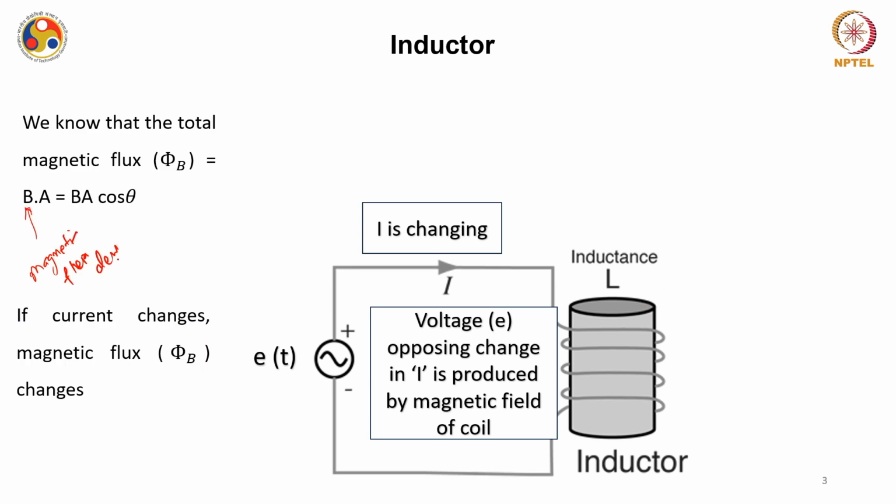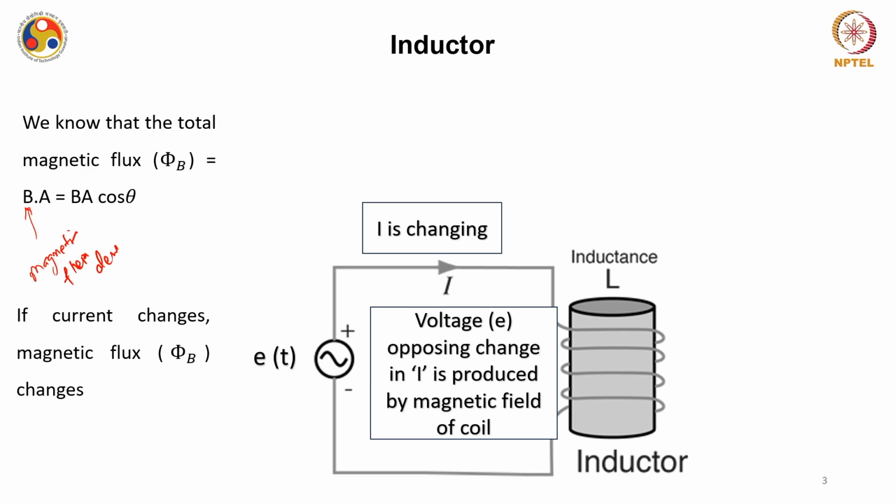So we know that the total magnetic flux can be calculated as a vector product of a magnetic flux density and the vector area, or B dot A, which is BA cos theta, where theta is the angle between the corresponding components. Okay. If the current changes, this magnetic flux will of course change, right.